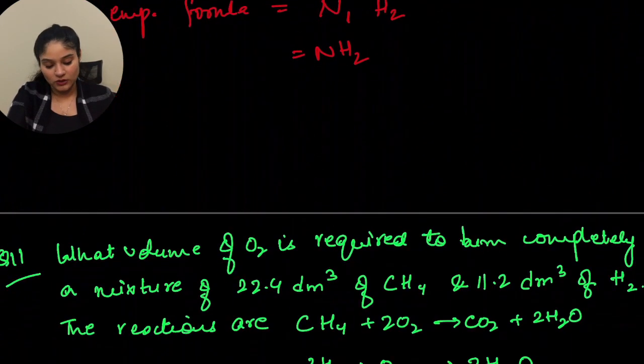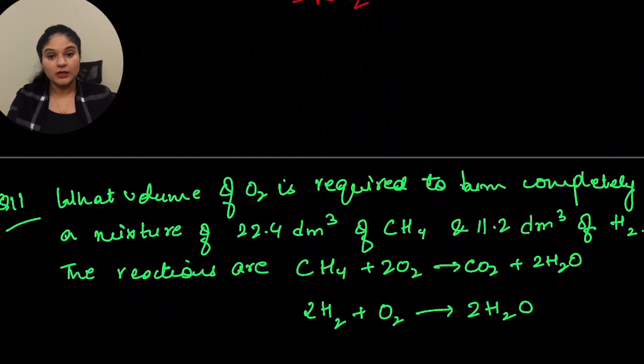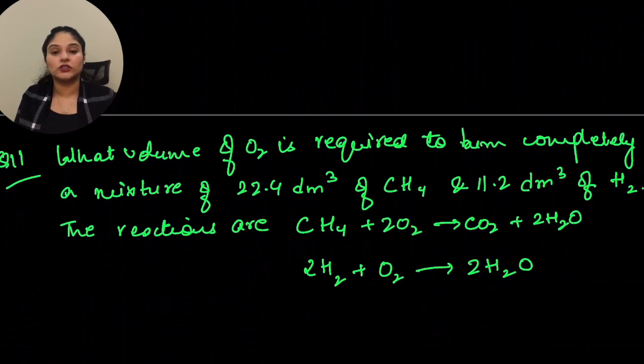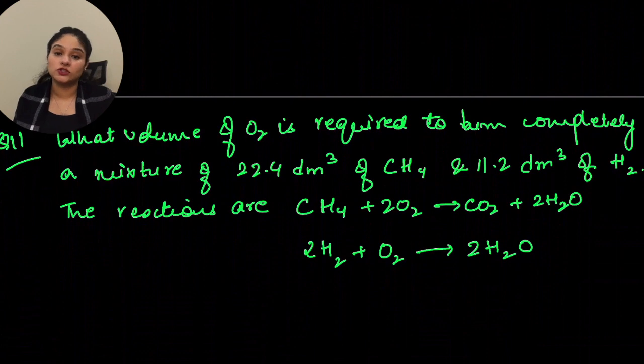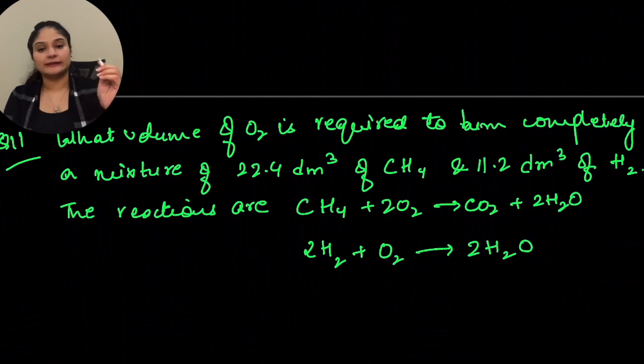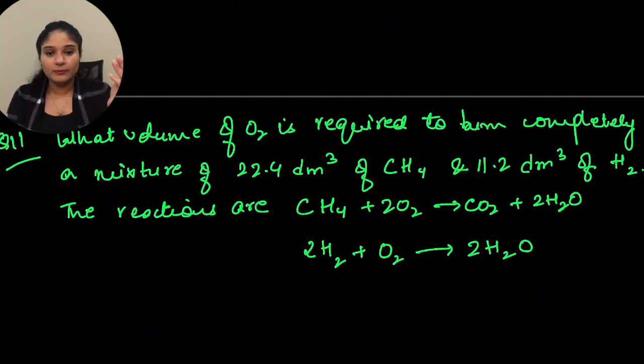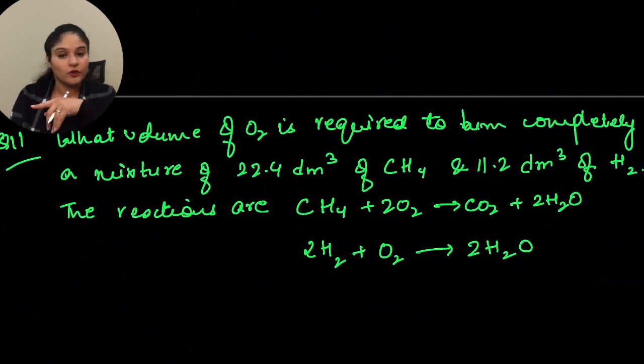So the next question is question number 11. This question says, what volume of oxygen is required to burn completely a mixture of 22.4 decimeter cubed of CH4, methane, and 11.2 decimeter cubed of hydrogen, and then two reactions are given. This is similar to the one that we did for carbon dioxide.